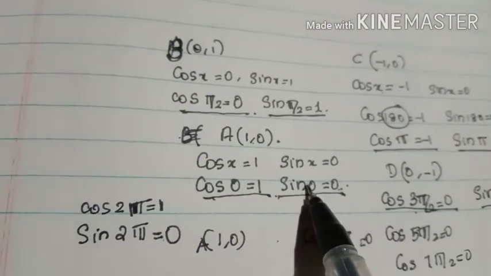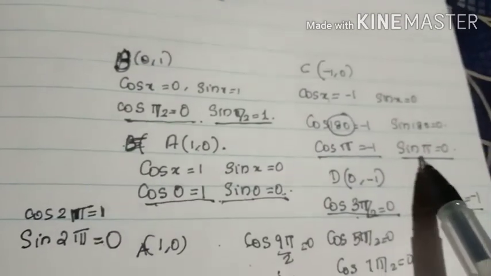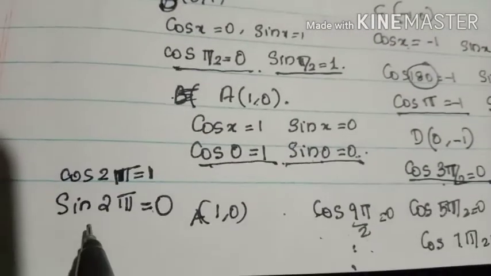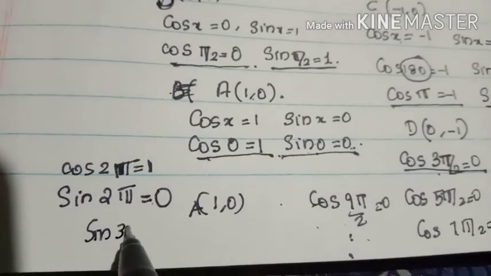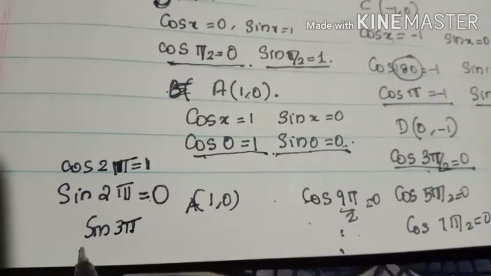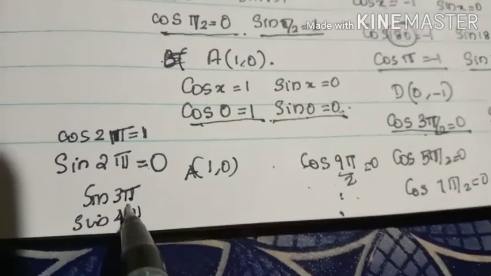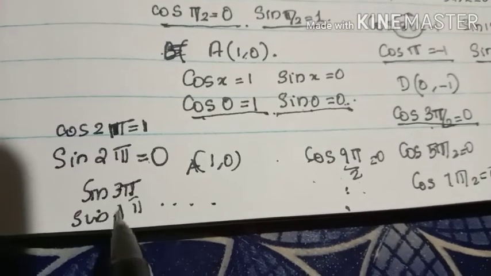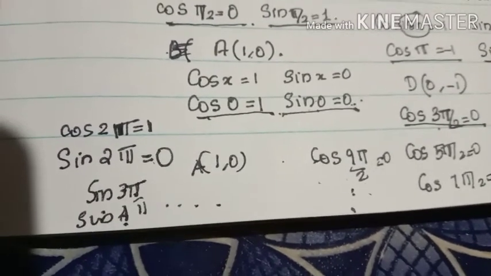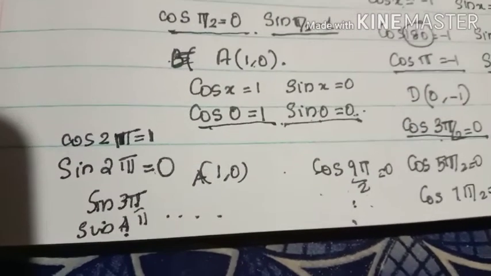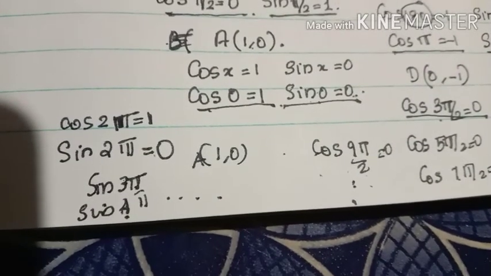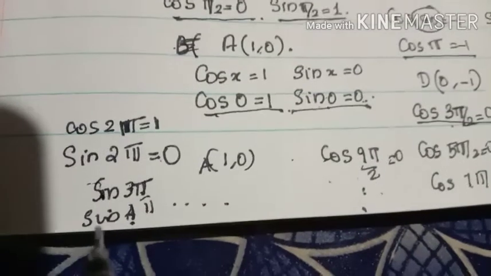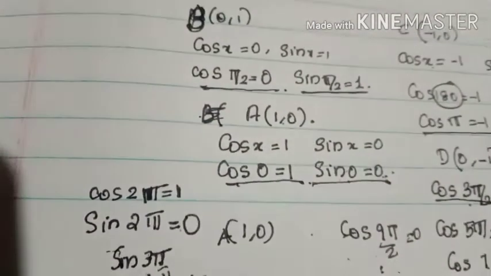So sin 0, sin 1 times π, sin 2 times π, you can see sin 3π, sin 4π, sin 5π, etc. For all values of integers, or for any integer, we can see that the sin ratio equals 0. So we have two results.